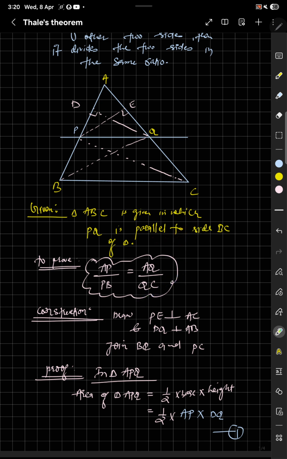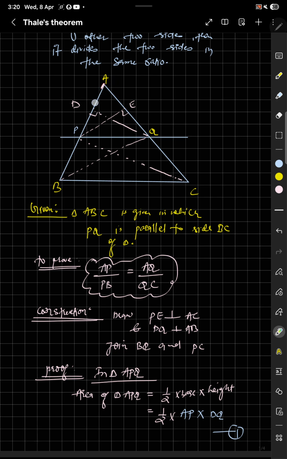So let's take a recap of it. We have done a construction in which PE is drawn perpendicular to the side AC, and DQ is drawn perpendicular to the side AB. Due to this, we proceeded forward.